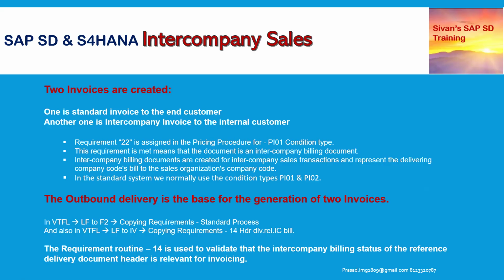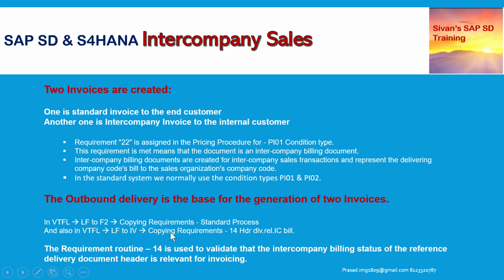In the standard system, we normally use the intercompany pricing condition types PI01 and PI02. So the outbound delivery is the base for the generation of two invoices. Why? If you take the copy controls, delivery to billing, VTFL transaction, we will find these two scenarios: delivery to standard invoice and delivery to intercompany invoice.